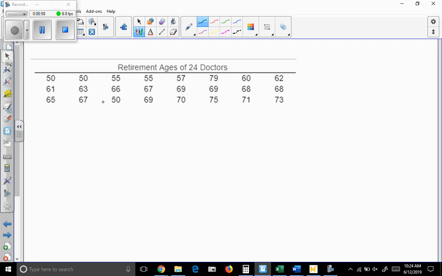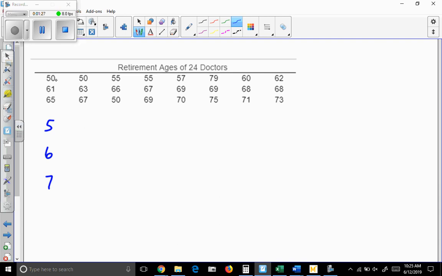So we need to find the lowest and the largest values. So just for practice, even though we're not told to do this, I'm going to do a stem and leaf plot. That'll help us find the lowest value, the largest value. It will help us as we count our data. So we have values in the 50s, in the 60s, in the 70s.